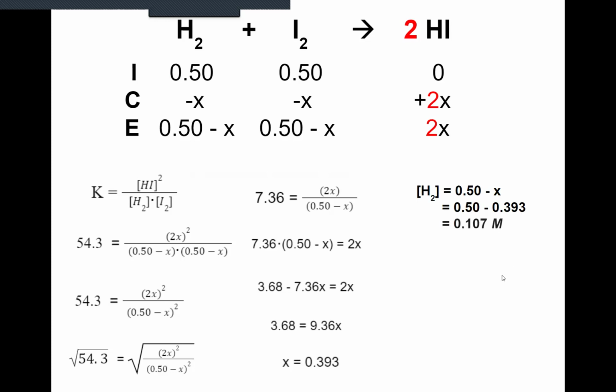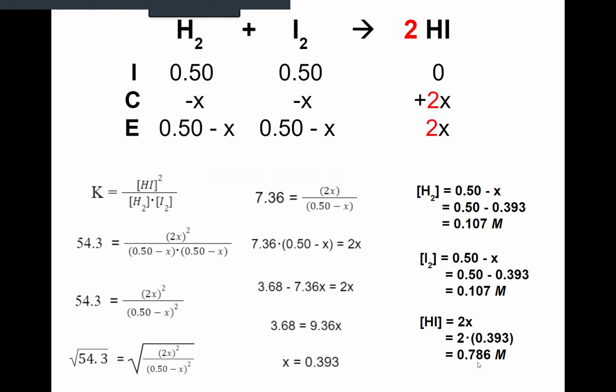That works out to be 0.107. The same is true for I2. I2, 0.5 minus X, that's 0.5 minus 0.393, which works out to be 0.107 molar. And then lastly, HI, 2 times X, that's 2 times 0.393. That works out to be 0.786.